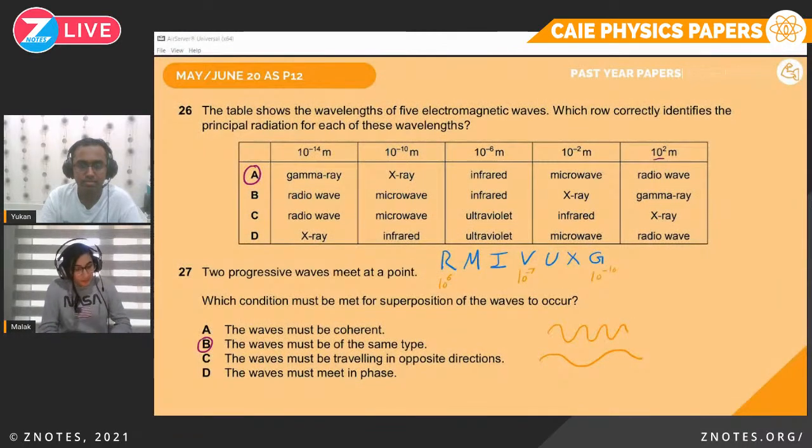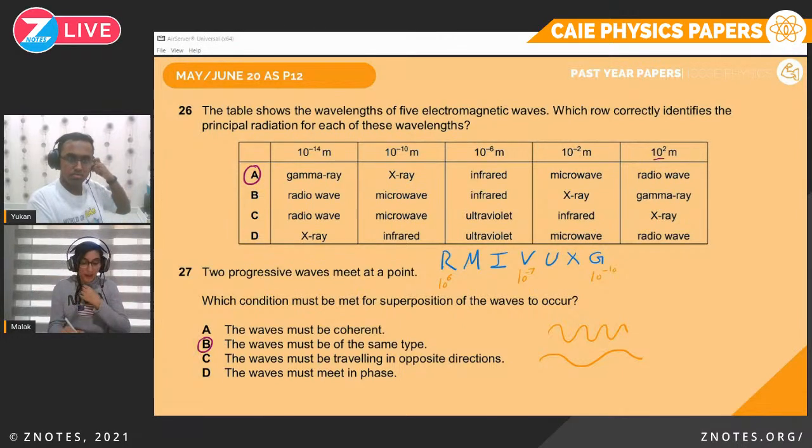Question 26. The table shows the wavelength of electromagnetic waves. Which row correctly identifies the principal radiation for each of these wavelengths? So now you can try and memorize each of the electromagnetic waves. What I do personally is that I memorize the order, RMIVUXG.